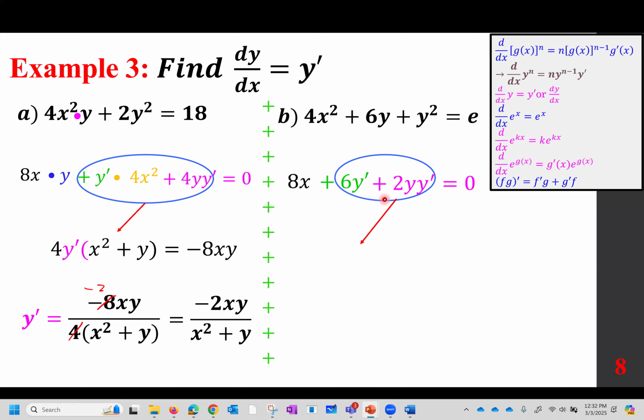These two, we can take the common factor of 2y prime out. So this gives us 3, this gives us y. Remember, the right side, 8x is negative 8x.